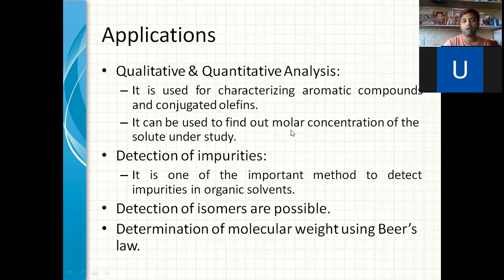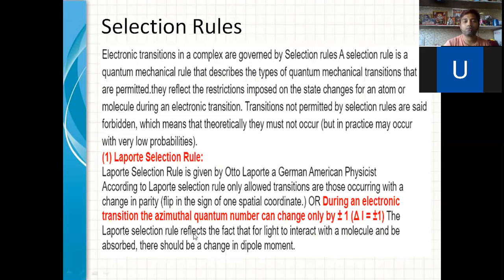It can be used to find out molar concentrations of the solute under study. It can be used for detection of impurities in any compound, and is one of the important methods to detect impurities in organic solvents. It can be used for detection of isomers, and for determination of molecular weight using Beer's law. These are some applications.